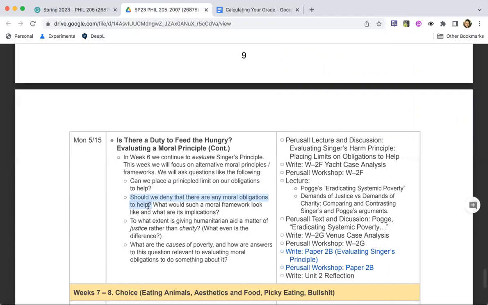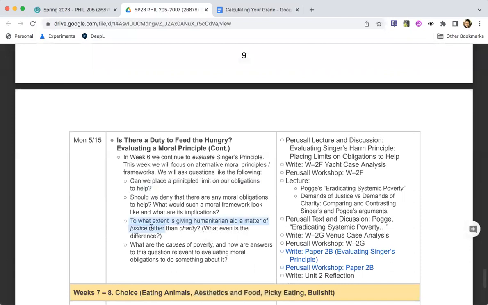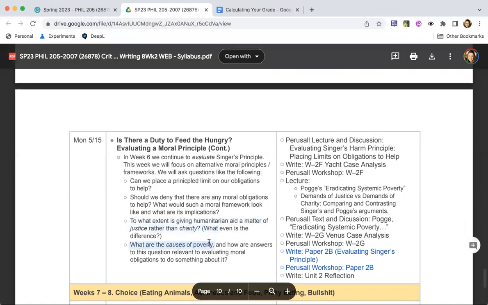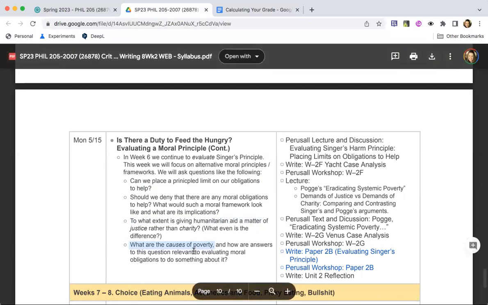Do we have obligations to help? We'll look at that framework and its implications. We'll look at the claim that humanitarian aid is actually a matter of justice, compensating harms or something like that, rather than charity, which requires that we think about the causes of poverty in our analysis of obligations to do something about poverty.